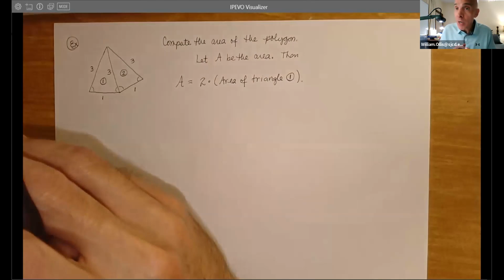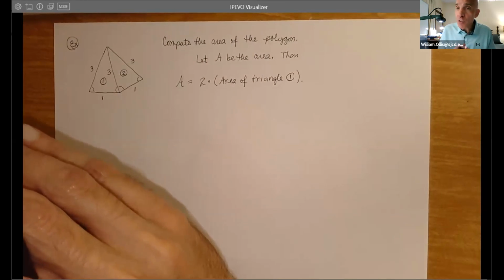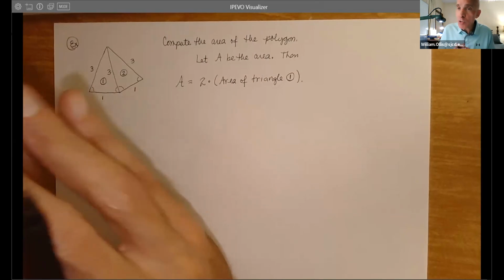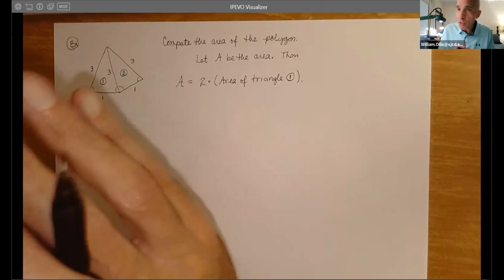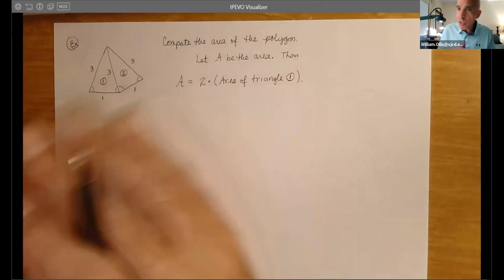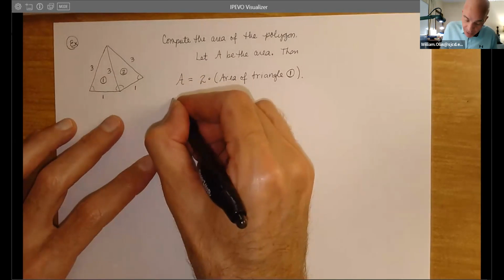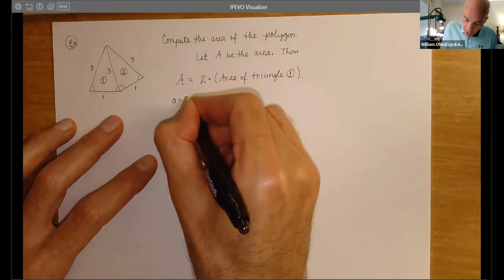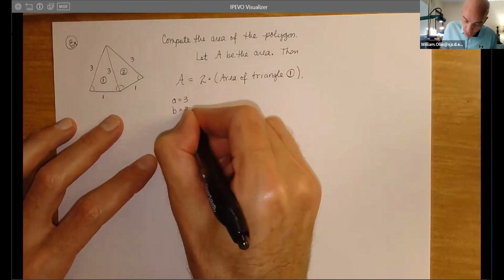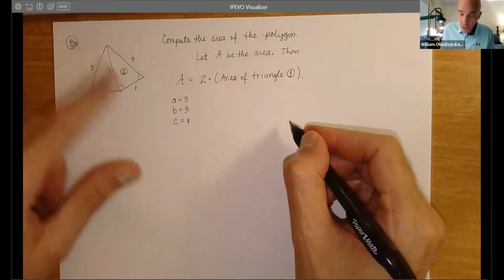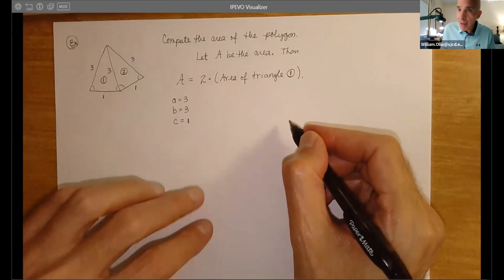So just remember, there's never an exact way to do anything. I mean, you can choose whatever method you want. The results will be the same. But here, I just want to use Heron's formula. So now notice, we can say A equals 3, B equals 3, and C equals 1. However you want to assign these, it doesn't matter.